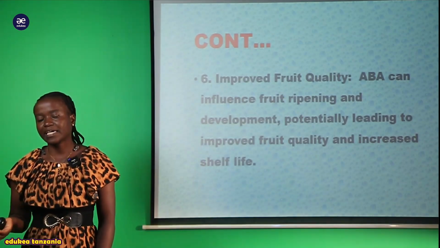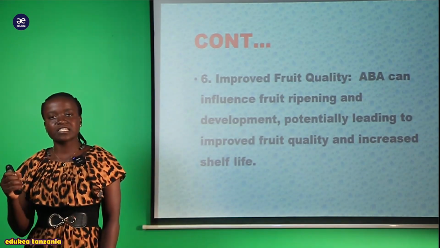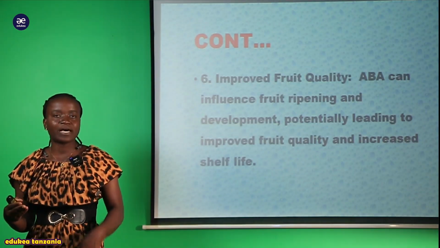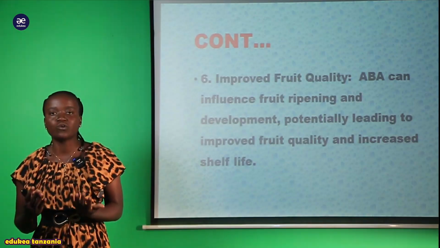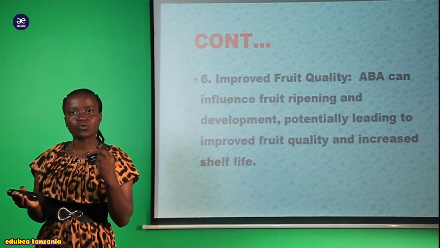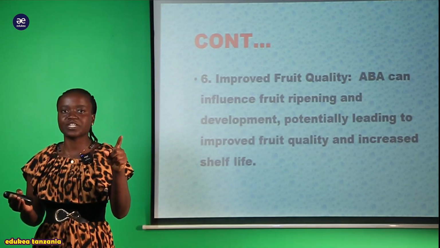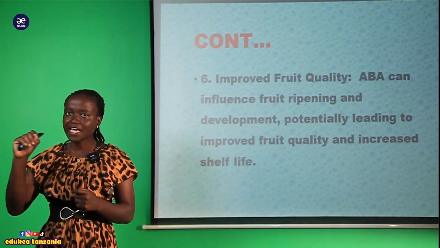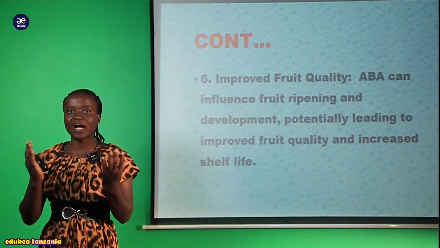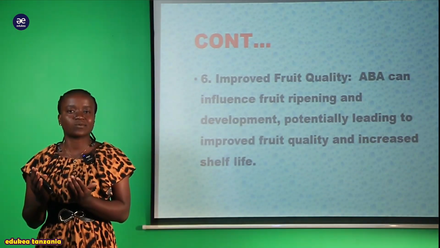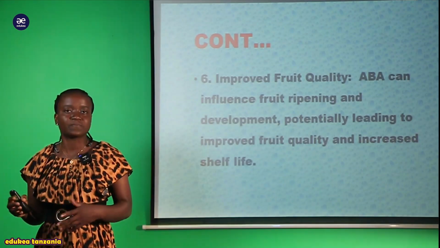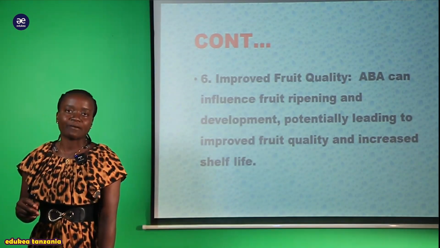So tunasema kwamba hii after spraying this ABA within a plant tree that contains a fruit, hile ina improve the quality of a fruit, kwa maana kwamba kuliko kule kupick one fruit and another. So the spraying of this ABA within a plant ina improve ile quality ya tunda, linaonekana linakuwa na ubora compared to lile tunda ambalo limeanguka tu lenyewe without the presence of high amount of the abscisic acid.